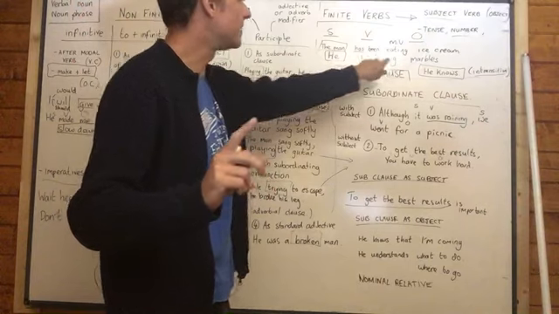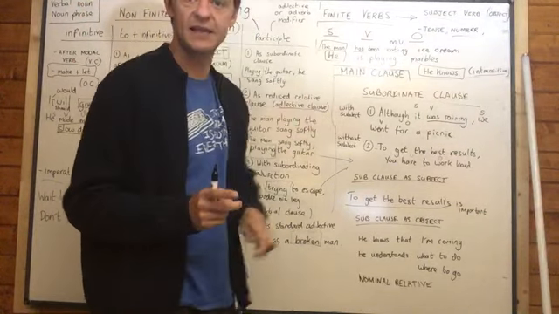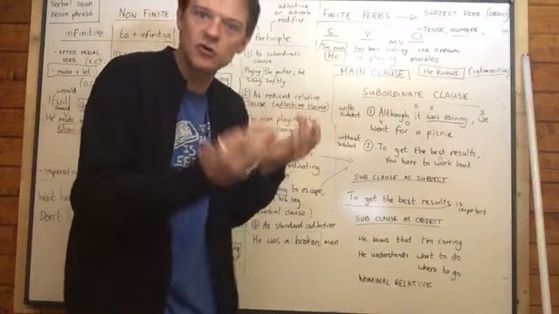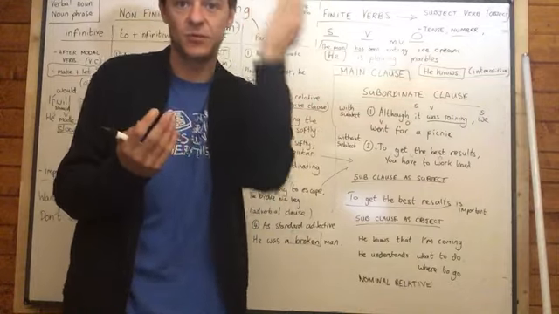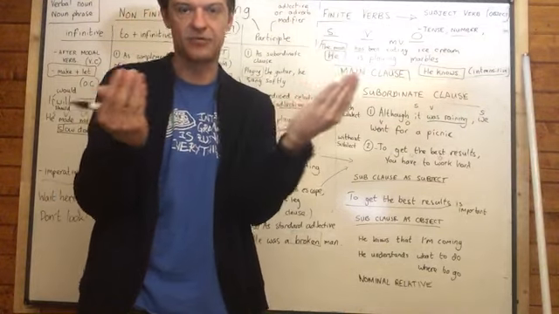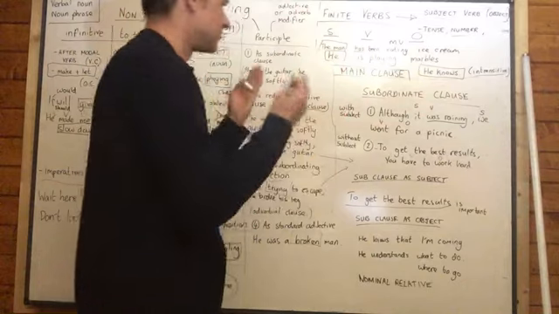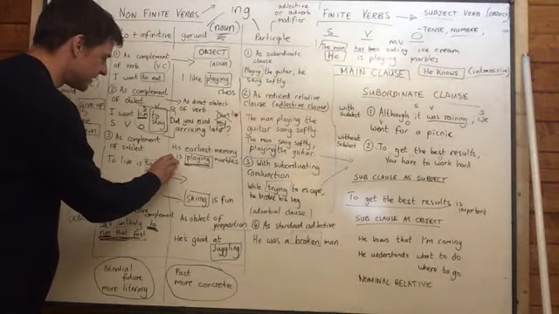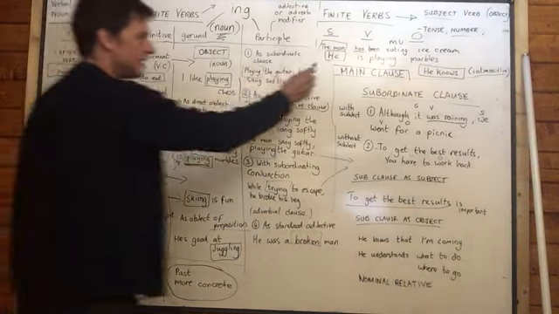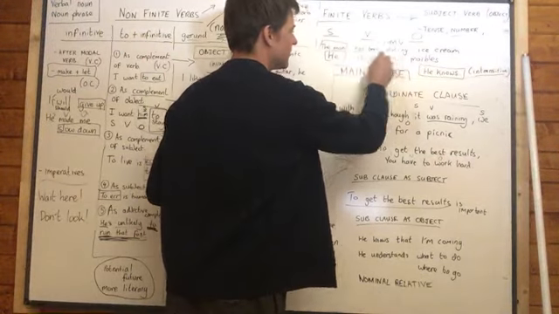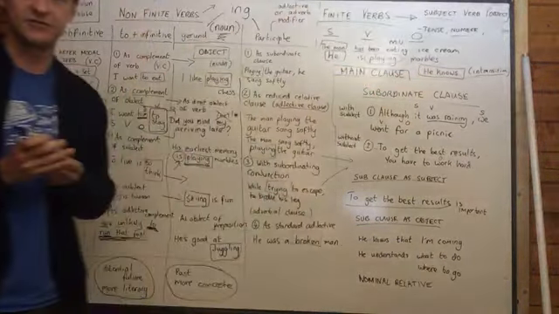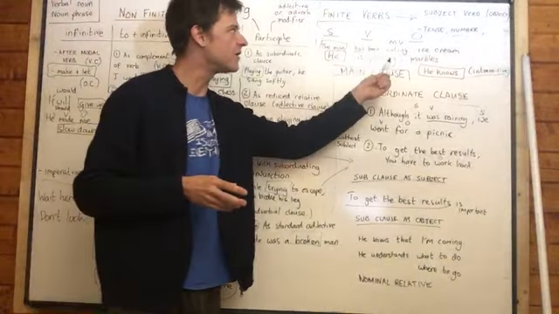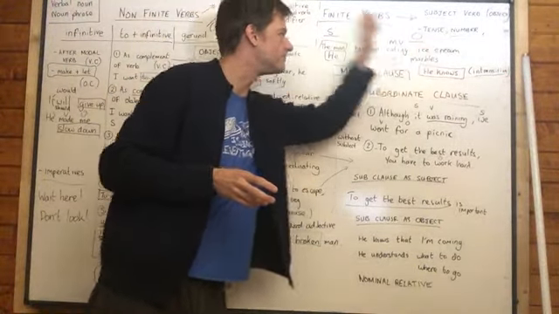You can't say "playing marbles is he." It doesn't make any sense. You're not trying to say that there's an equivalence between "he" and the playing marbles. You're not using it in that sense. Here is the main verb. Here, "playing" is the main verb, and "is" is the auxiliary verb. So here we've got a finite verb showing tense and number.